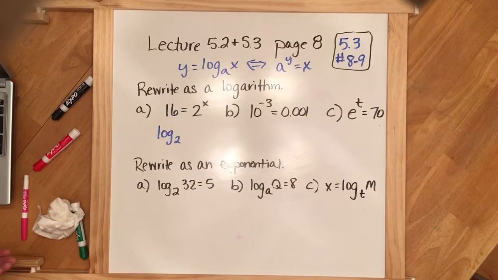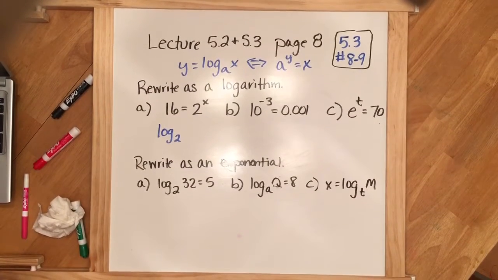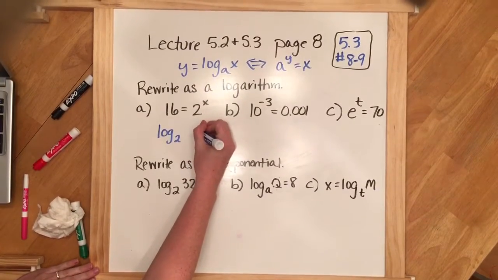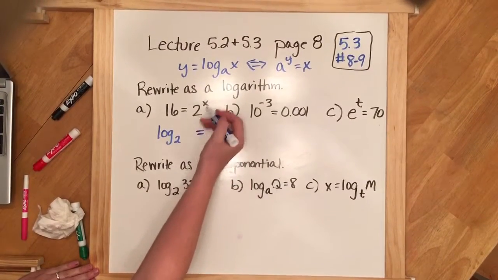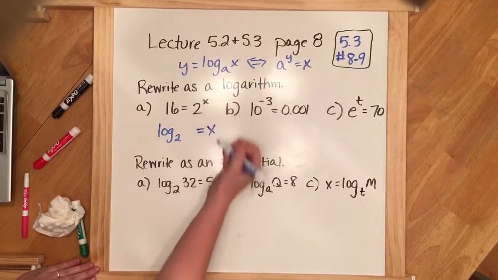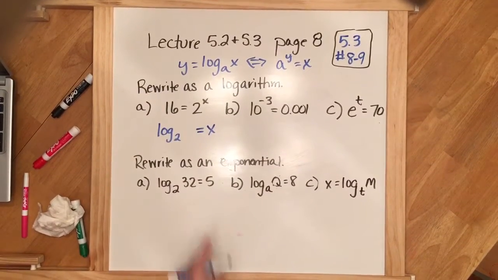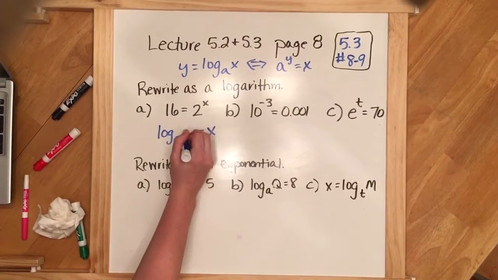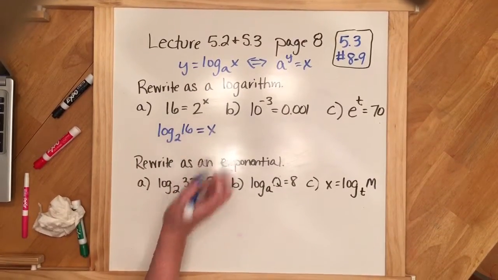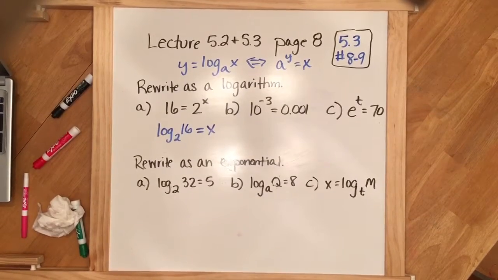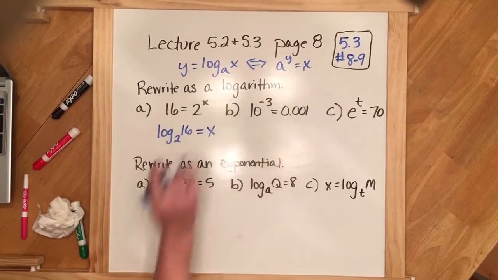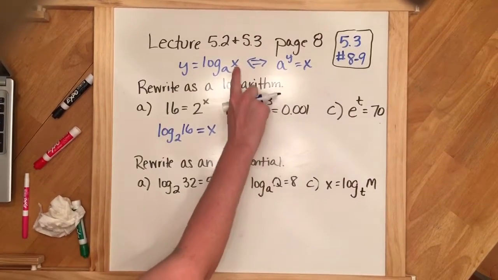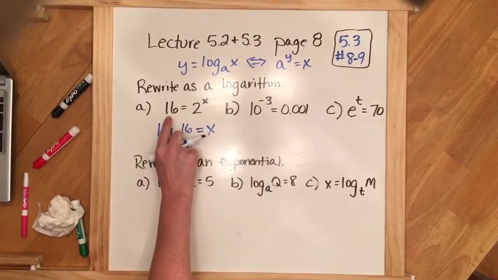And then the whole point of the logarithm, which we talked about in class, is to find the exponent. So on the other side of the equal sign is going to be the exponent, because the whole point of using logarithms is to determine whatever the exponent is. So the only place we have left to put 16 is right here after the logarithm, and that matches up with the x part of the definition.